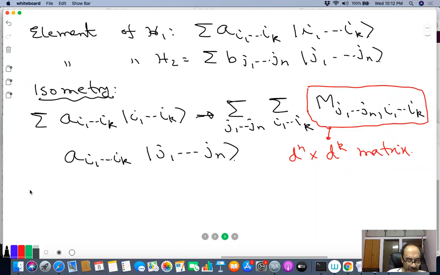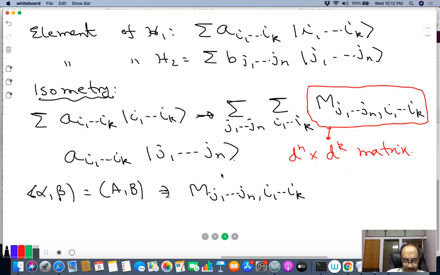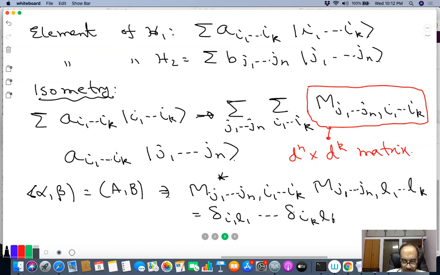So norm preservation, this condition that the inner product of alpha and beta is equal to that of A and B, this basically tells us that M J1 to Jn, I1 to Ik star, M J1 to Jn, there is a sum over J1 to Jn.